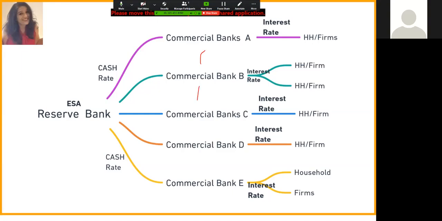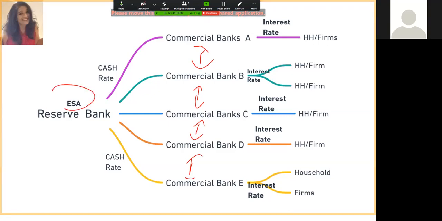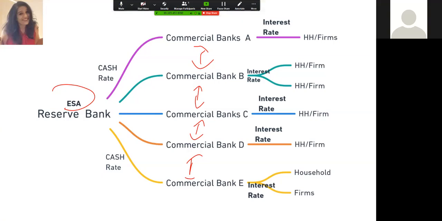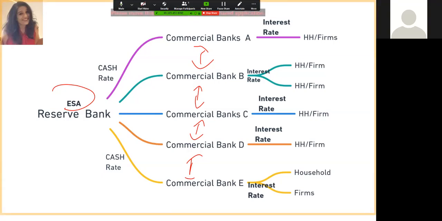So different banks have to be paying money to each other by the end of the day, and that kind of a settlement is settled through the exchange settlement account. And we had talked of it that this exchange settlement account is primarily the account that the commercial banks hold with the Reserve Bank.